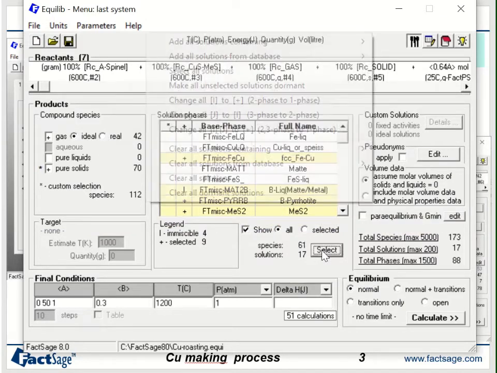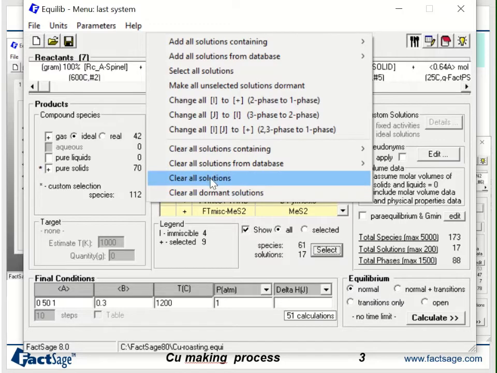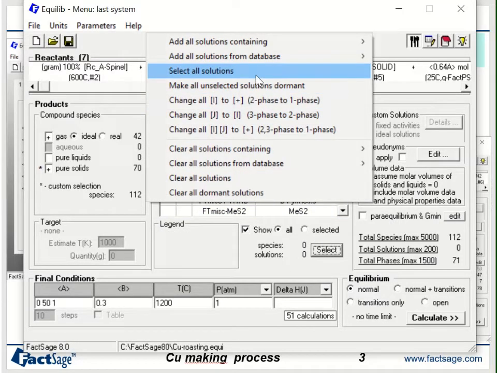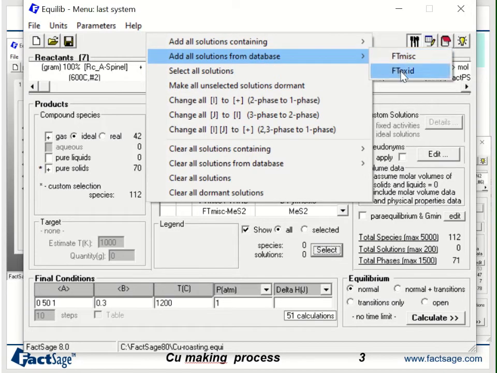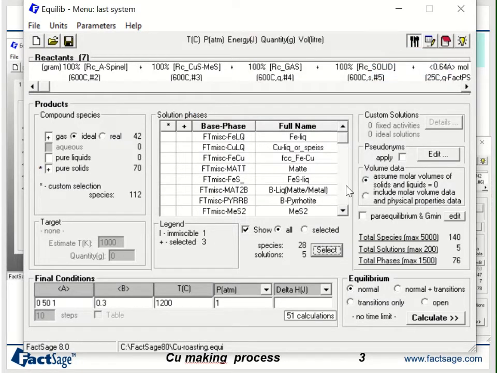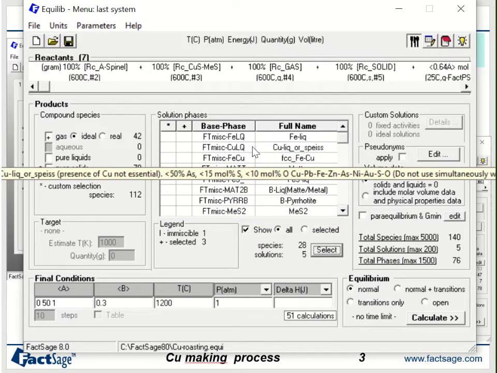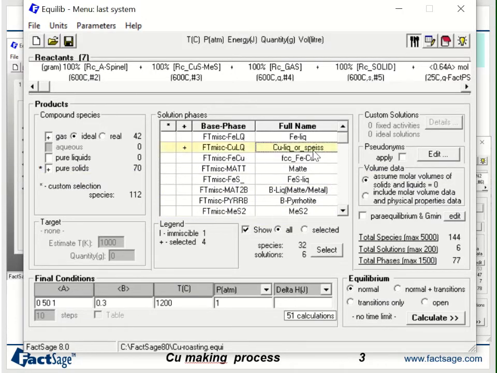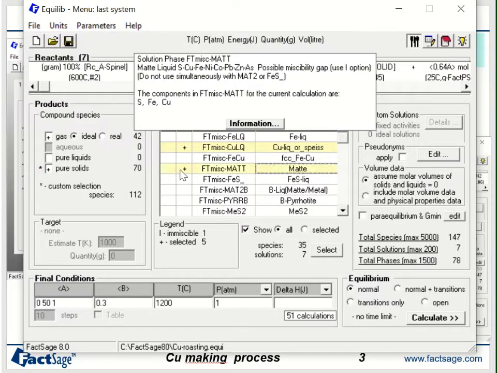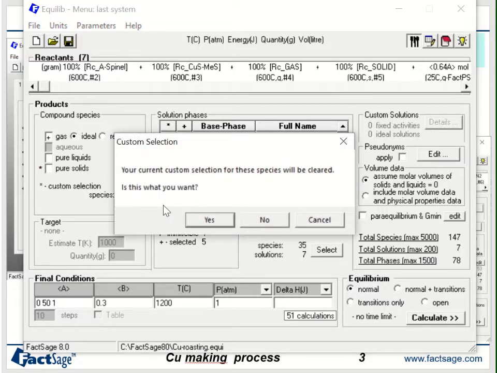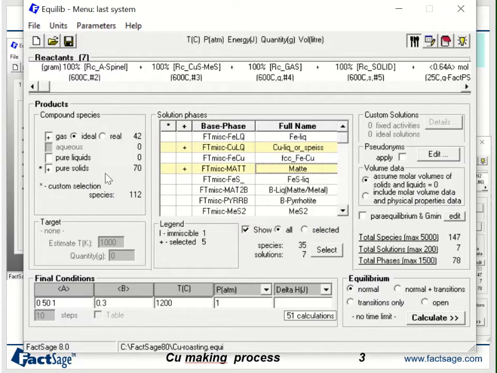What do we have to do? Select Clear All Solution, for example, and then select all solutions from the FTOxide database. So we select all from FTOxide at least, and in FTmisc, I'm taking only copper liquid and the matte, these two. I don't like the other ones. And then all the solid phases and all the gas phases.